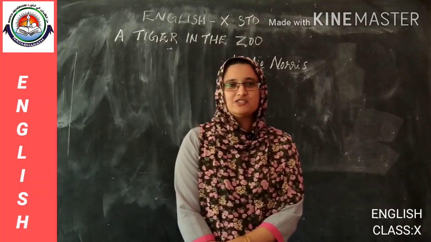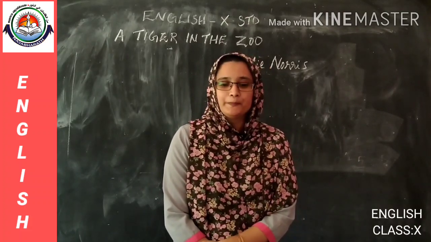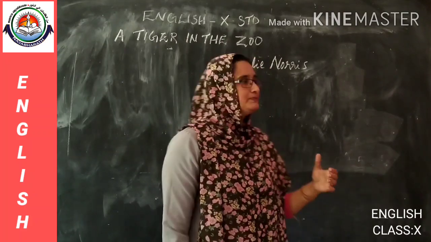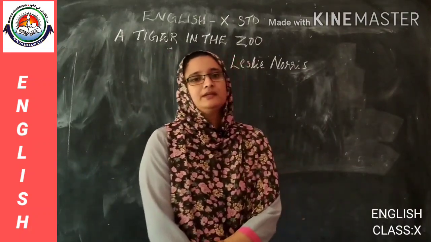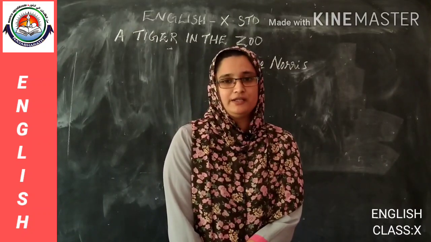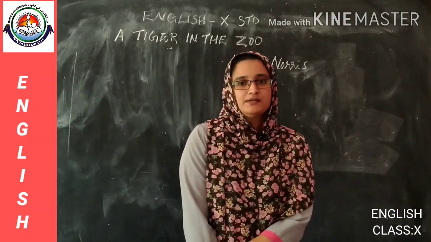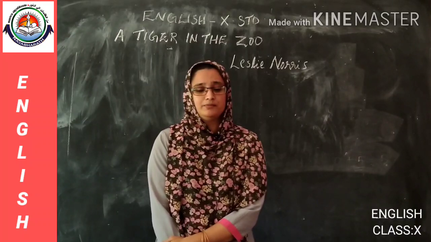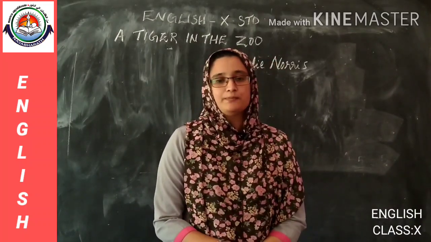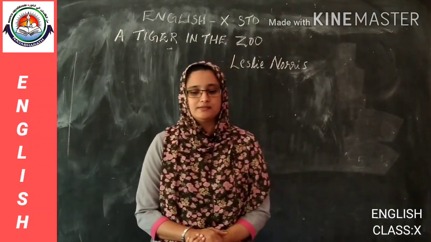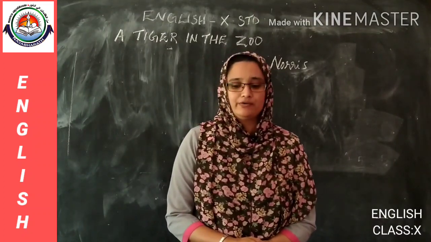Today, I would like to deal with the third poem. Name of the poem, A Tiger in the Zoo. This is from our First Flight, the book First Flight. The poem is written by Leslie Norris. George Leslie Norris was a prize-winning Welsh poet and a short story writer.